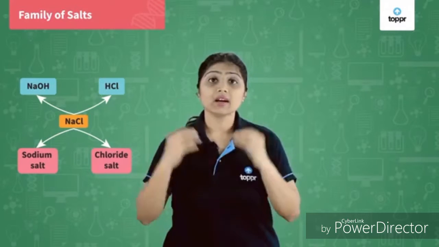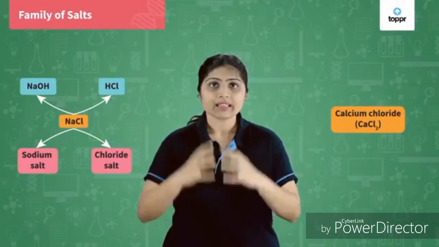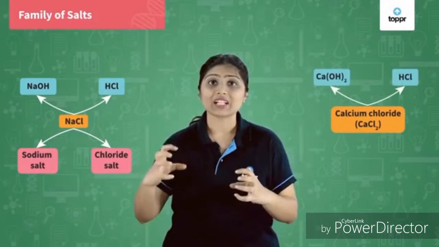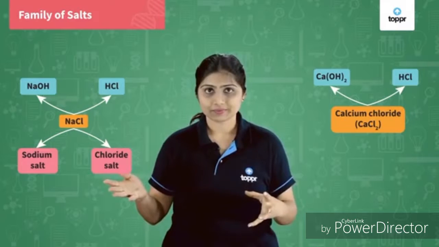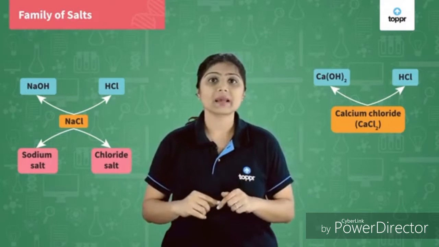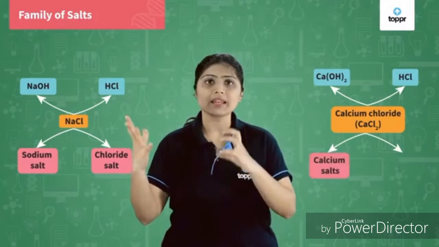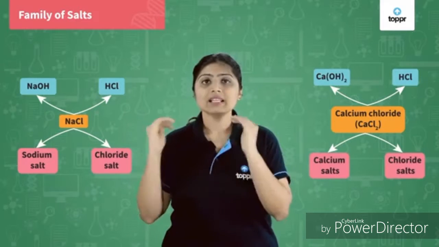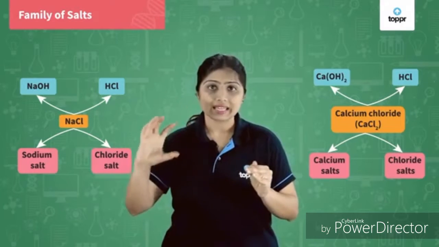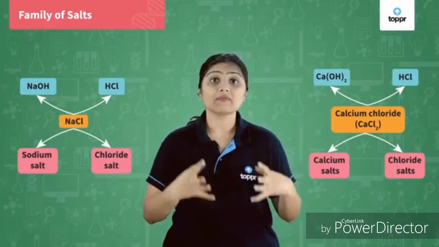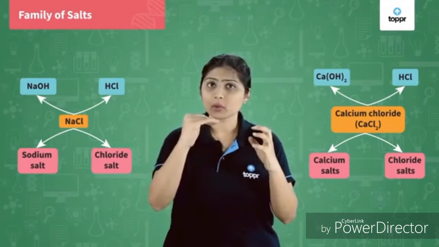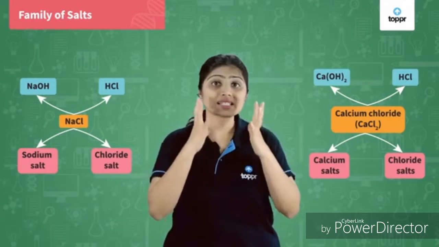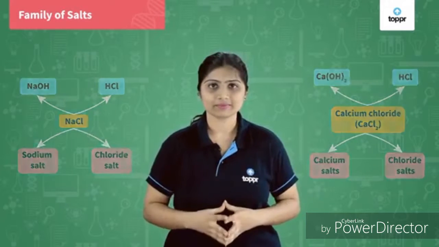Similarly, calcium chloride comes from calcium hydroxide and hydrochloric acid. This salt is made up of positive calcium and negative chlorine. The family of this salt is the calcium family and the chloride family. So, in some way, sodium chloride and calcium chloride belong to the same chloride family.